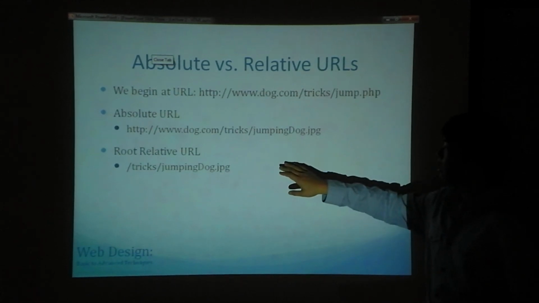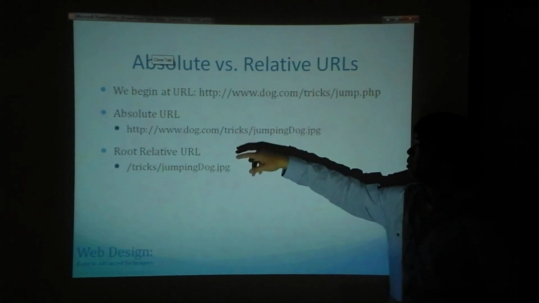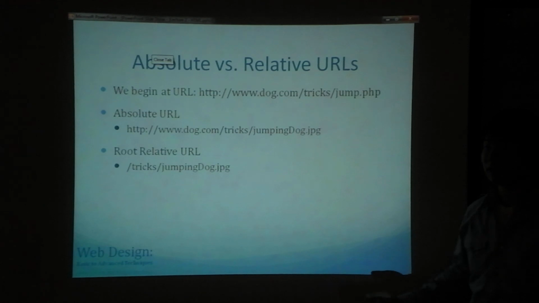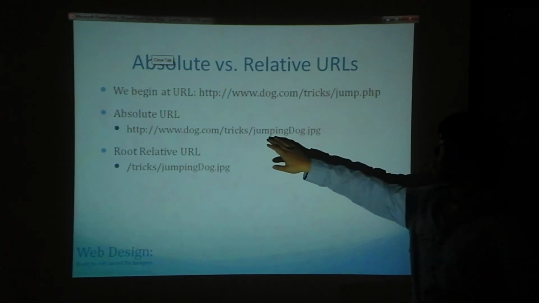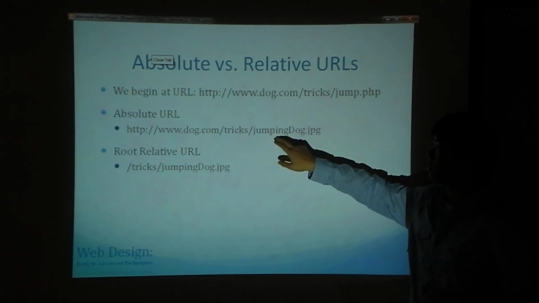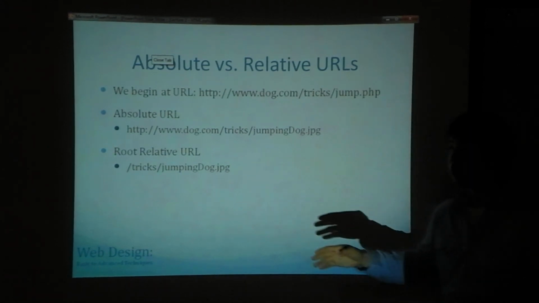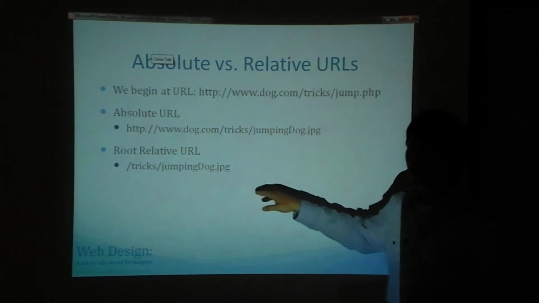If you had an HTML document located at www.dog.com/tricks/dogtricks.html, and you wanted to reference this picture within it, then instead of directly using this entire URL, you can specify a relative URL by just saying the image is located at jumpingdog.jpg.